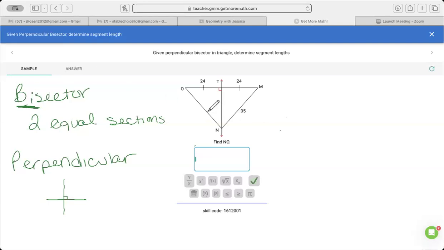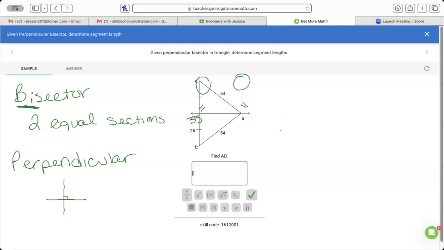So this one says find NO. So it gives us that this side is 24 and this side is 24. And notice they have the tick mark, right? So again, the tick marks tell you that's the same thing. They could have put tick marks over here, right? So it could be that this is 35, so then therefore this is also 35. So just remember those tick marks can help you as you see those.